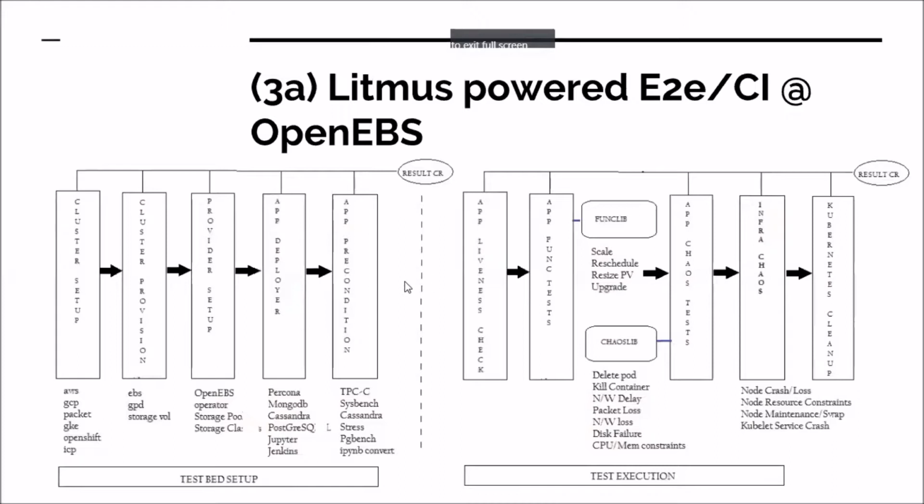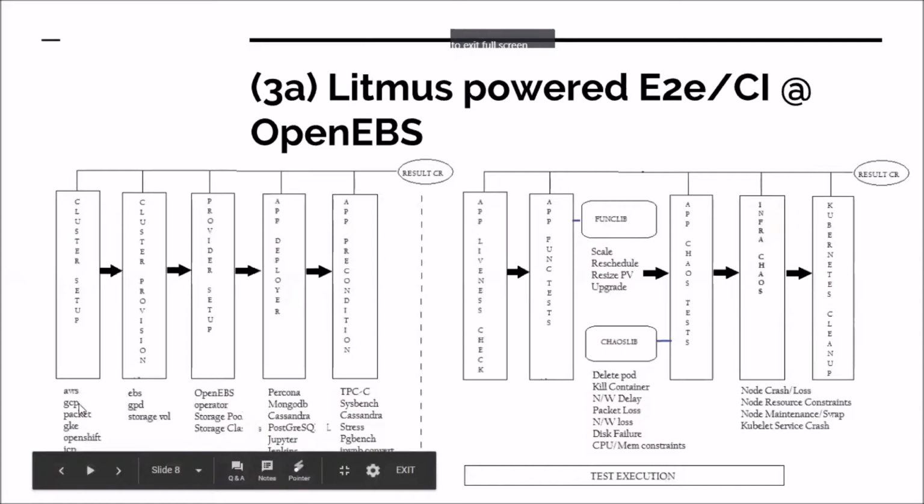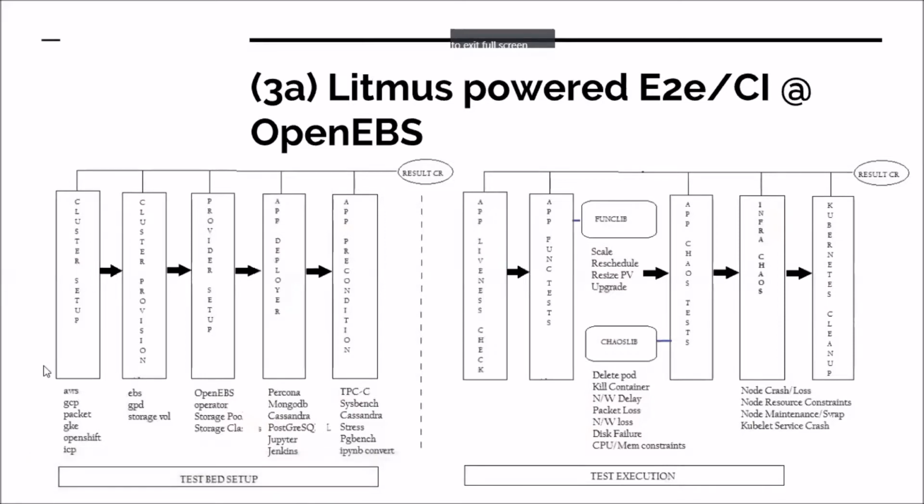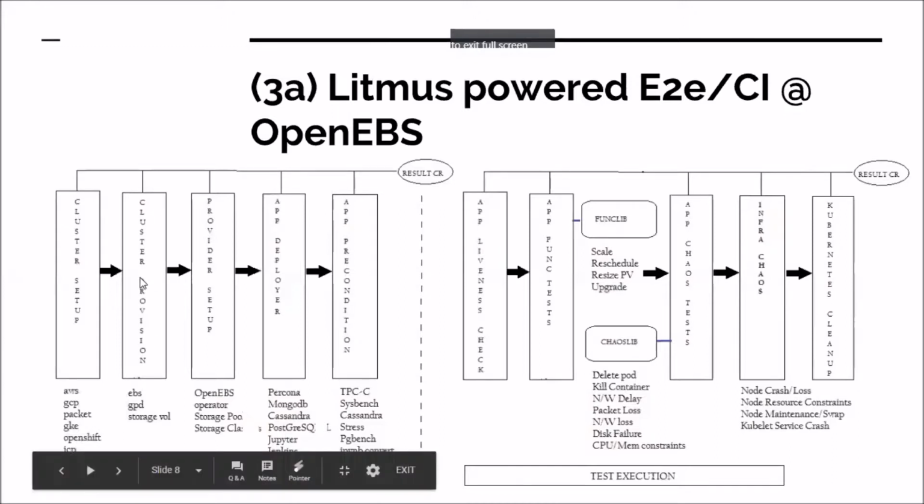The first part is basically about test bed setup. There is a cluster setup that will happen using the litmus book for the infra. You can see below the blocks about what are the various platforms that are going to be brought up as part of the same. Then you have the stage for actually provisioning a created cluster.